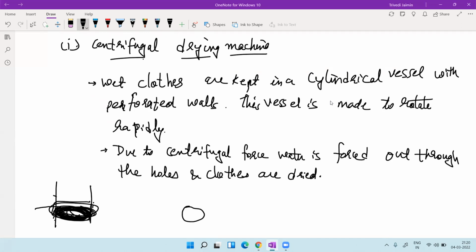From the cloth, this water will keep moving outside, one by one. So that's what they are saying, right? Due to centrifugal force, water is forced from the clothes to move outside, out of the holes. Then the clothes are dried. That's it. Very simple.